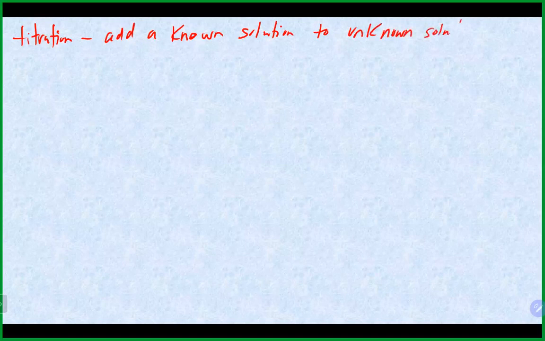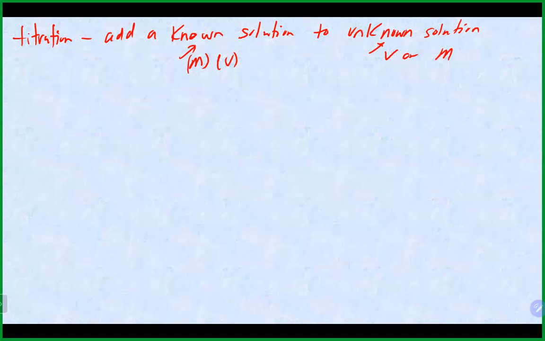And what I mean by a known solution is we know something about the molarity of it. We know the volume of it. And maybe for the unknown, all we know is the volume, or maybe we even know the molarity of it, what it might be as well. But a lot of times you'll just know the volume in most cases.